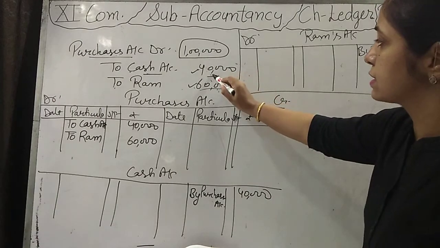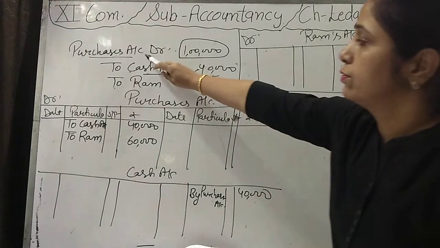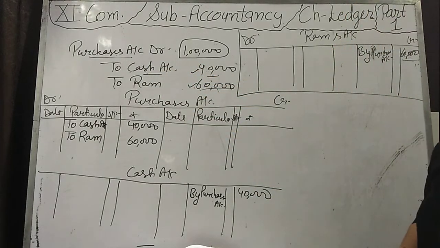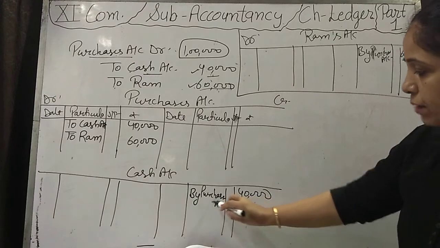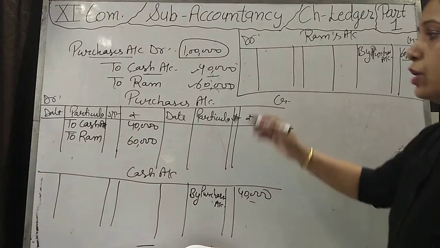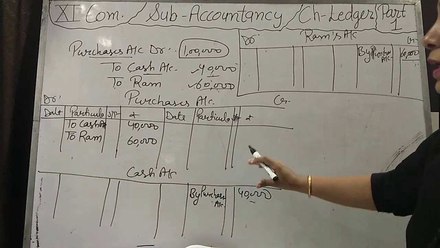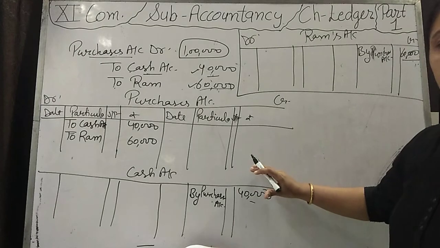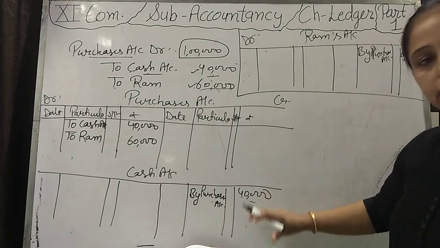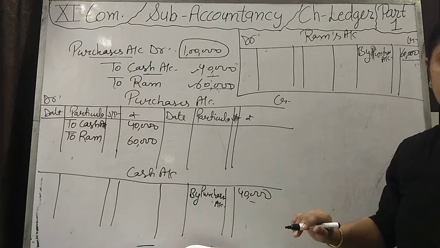Cash account is credit 40,000 because of purchase. So we will write by purchases account 40,000. Clear? After that closing is same. Okay, we will close an account by totaling of both sides and the difference of both sides is known as balance. Fine.